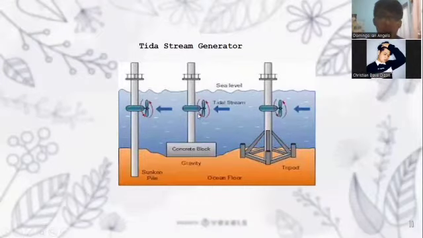Dahil umiikot yan, nakakapag-form siya ng electricity, and mapupunta siya sa atin. Ayan, tandaan nyo lang tong concept na to na ang tidal stream generator parang windmill lang. Ang pagkakaiba lang niya is ang tidal stream generator sa tubig siya and yung windmill is sa hangin. So yun.